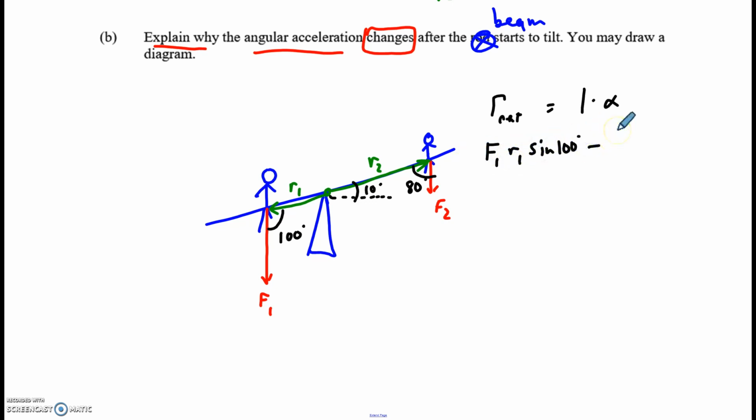And you'll subtract the kid's torque, because it was clockwise, F2, R2, sine 80 equals I alpha.